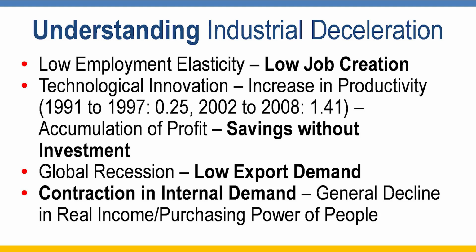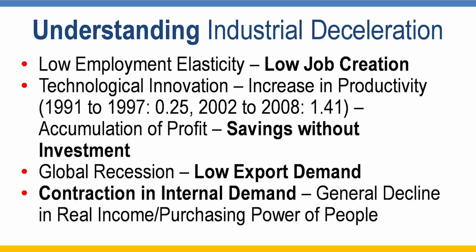Two explanations are provided for this industrial deceleration. One is the global recession that has been there from 2008 onwards. There is an argument that since 2008, because of the global recession, we are not getting the export demand as we should have.